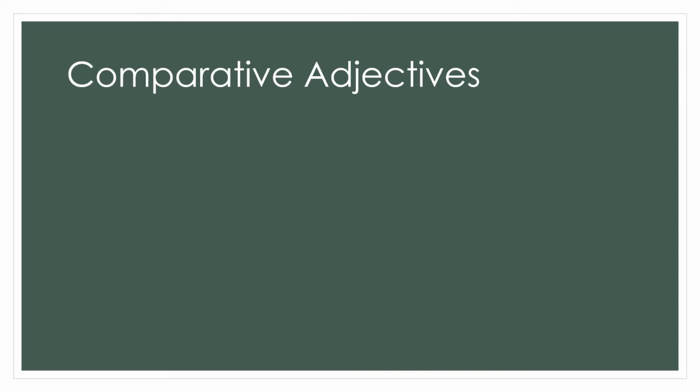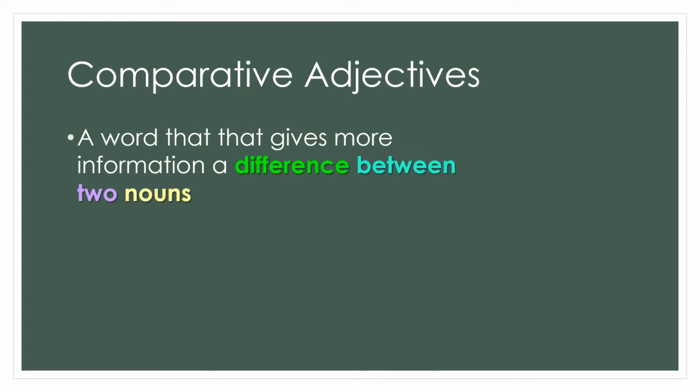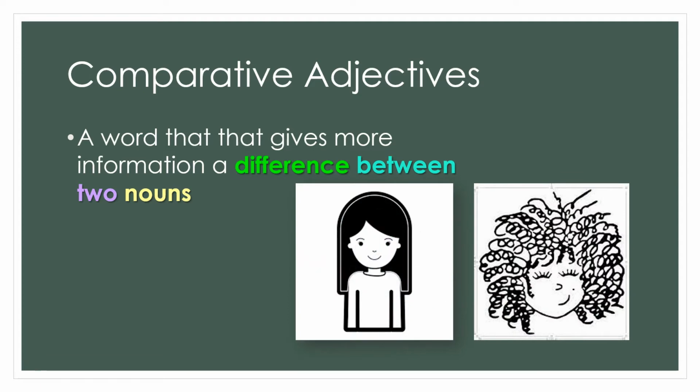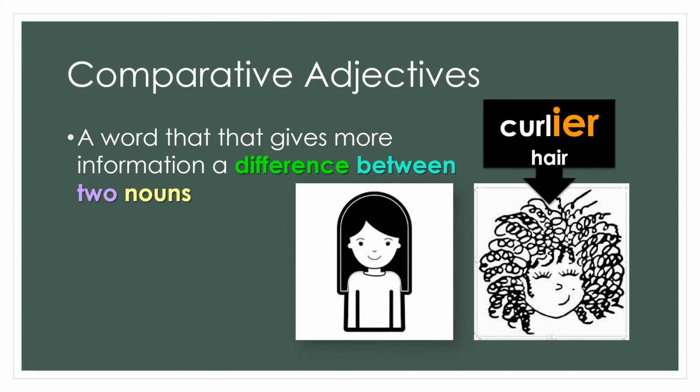Comparative adjectives are a specific type of adjectives. A comparative adjective is a word that gives more information comparing two nouns to each other. For example, this woman's hair is curlier than the other woman's.